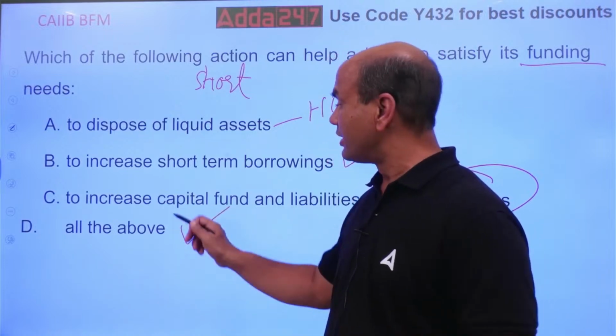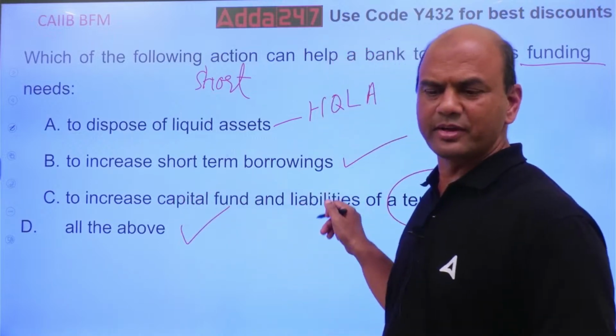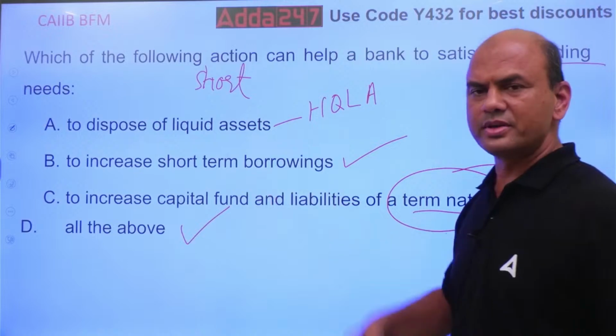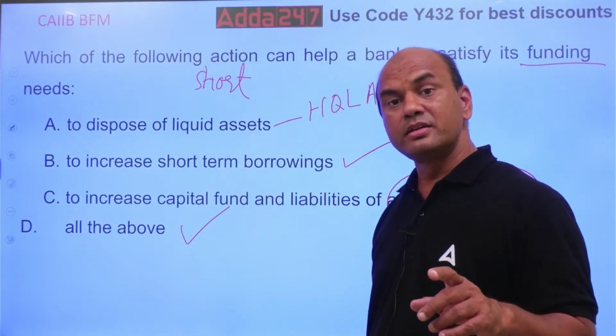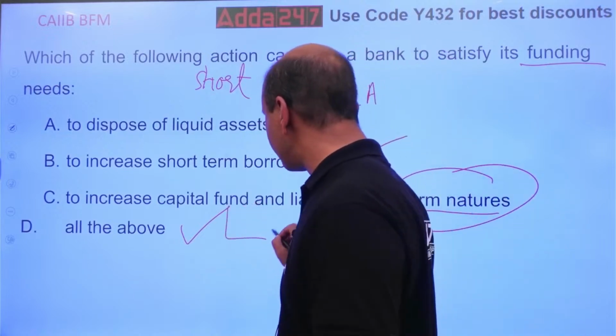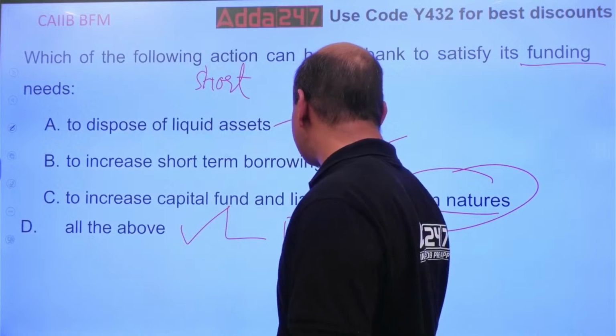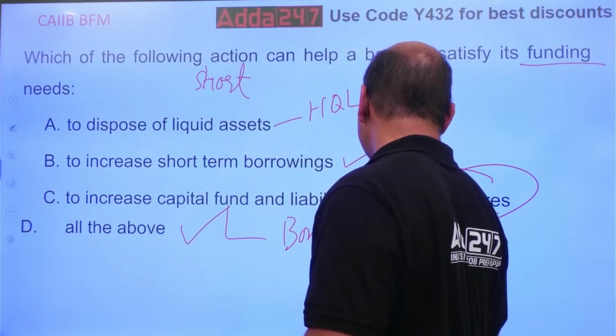Capital funds. What is capital funds? Okay, you got this liabilities concept, FD. What is this capital funds? Capital funds means I'll issue the bonds. Bonds issued of long-term nature. Bonds issued, kindly note, issued, not purchased.